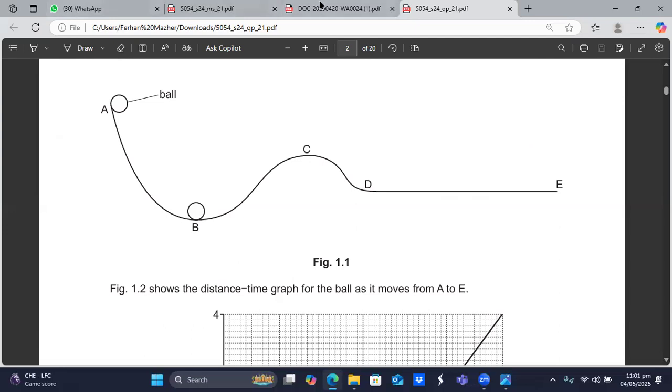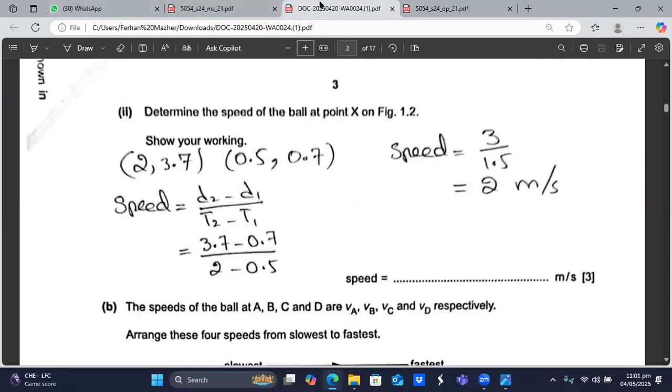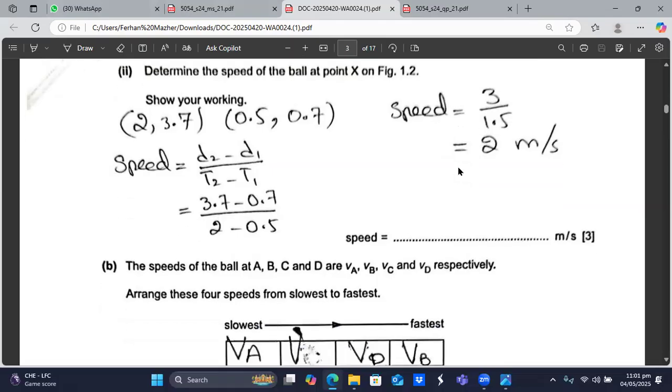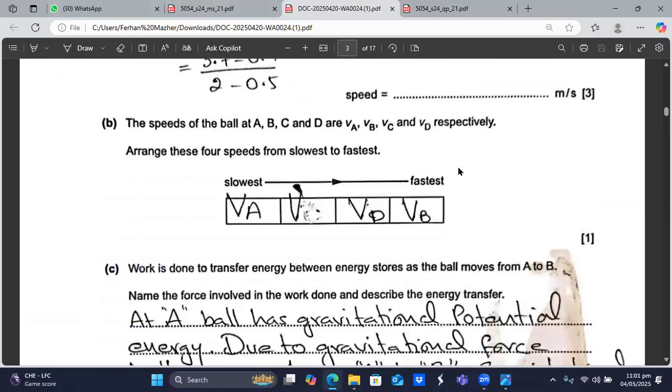So according to this, slowest to fastest.